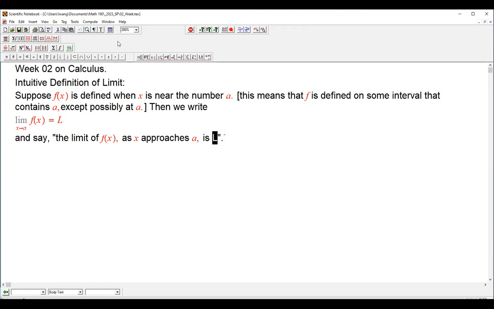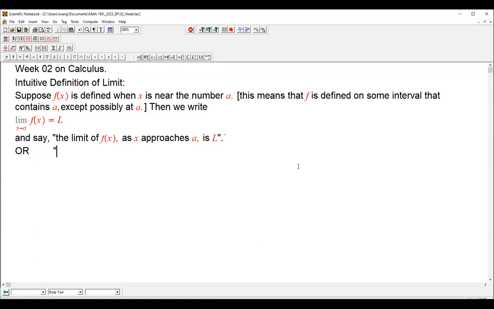Are there other ways to read it? Of course, we can say the limit of f of x is L as x approaches a. This is not in the textbook, but I'm going to write it down here.